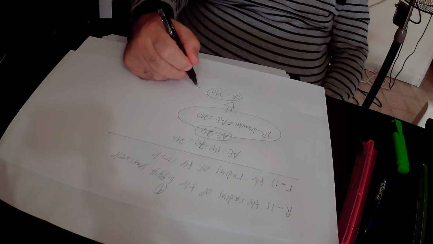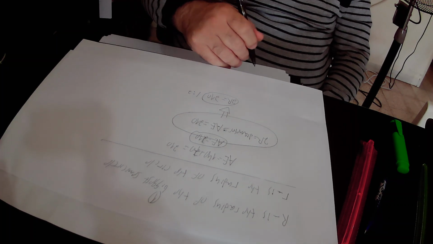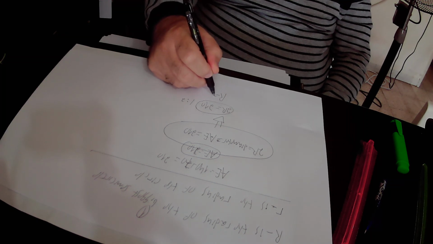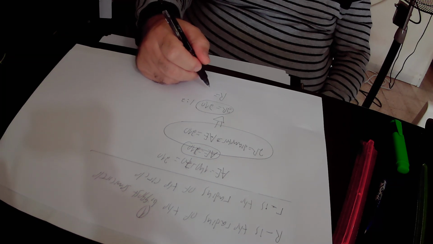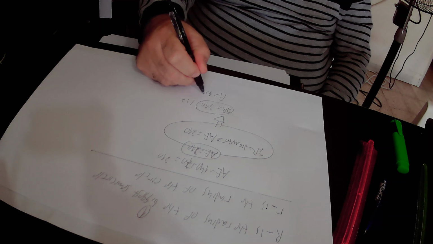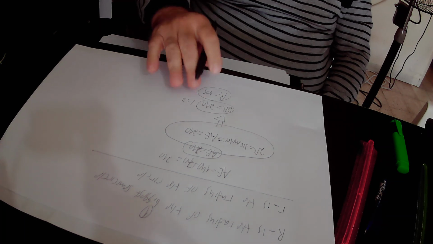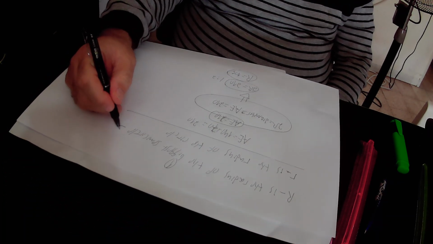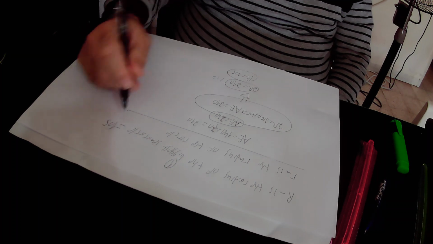Here we divide this equation by 2 and we get that capital R, the radius of the biggest semicircle, equals 210 over 2, which is 105 units. So we found that the radius of the biggest semicircle equals 105 units in length.